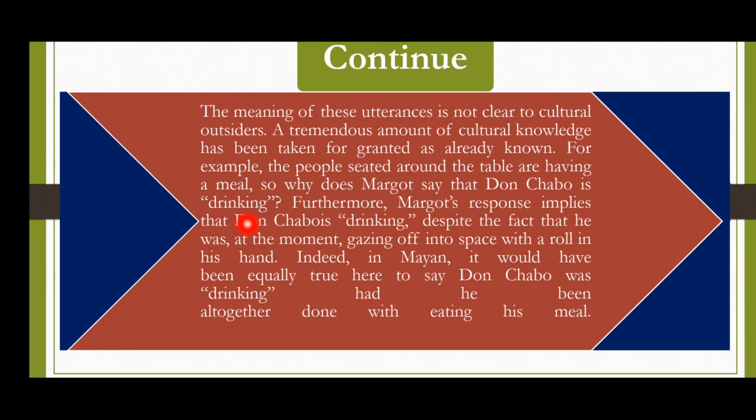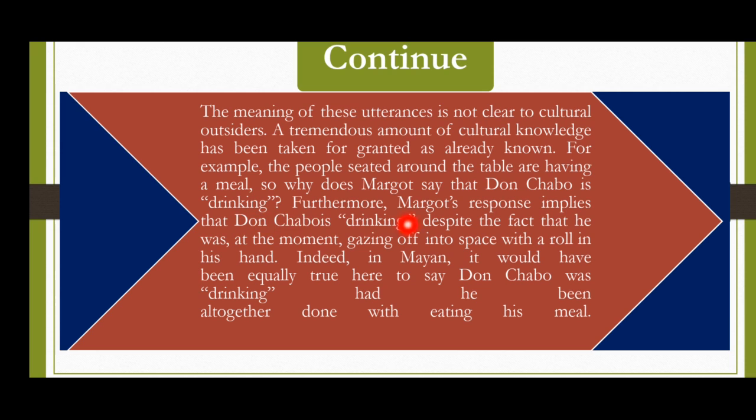Instead, she said that he is drinking. So maybe in the culture of Margaret, or Mayan culture, when they take a meal, they refer to it as drinking. So in order to understand what is meant by drinking, you need to be part of that culture. If you're an outsider, you may not understand the meaning of these utterances.